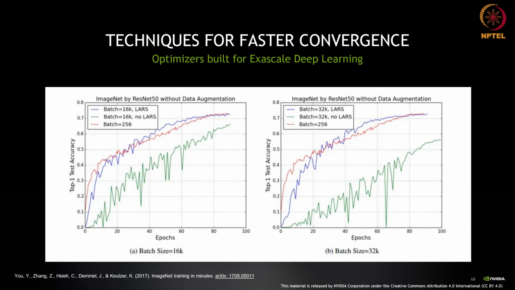Like here you can see there are two graphs. One of the graphs is with LARS, which is another type of optimizer, and the other is without LARS, which is a traditional optimizer. And you can see here the accuracy which you get is very, very different, right? And that's what is being observed.